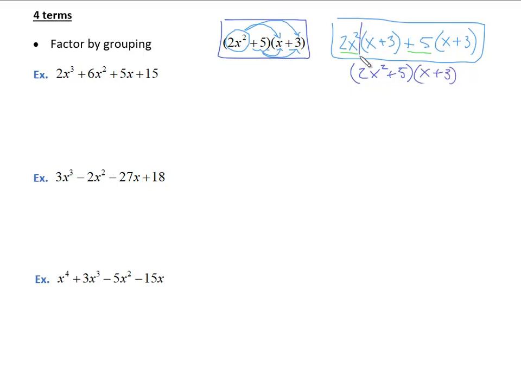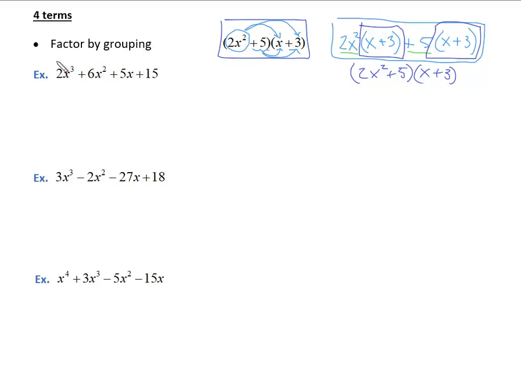Okay, but what we're going to need is what's in the parentheses here to match, so that they're both being multiplied by the same thing, and then we can write it as one quantity, 2x squared plus 5 times x plus 3. So we're going to get to this step when we do factoring by grouping, and we're going to need to translate it back into this in the end. Okay. All right, so let's give this a shot. So factoring by grouping is exactly what it sounds like. We're going to group these together.